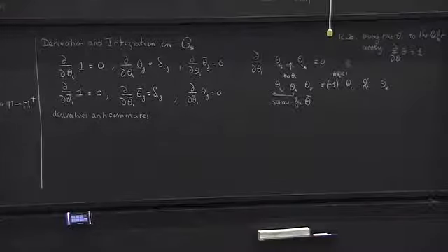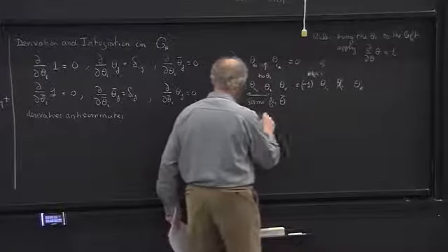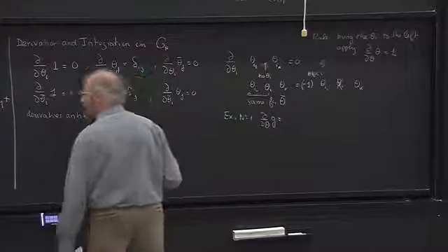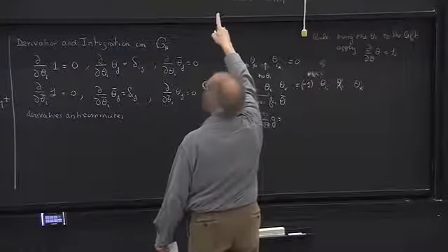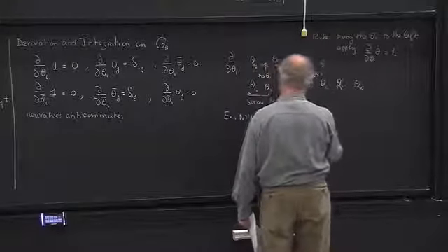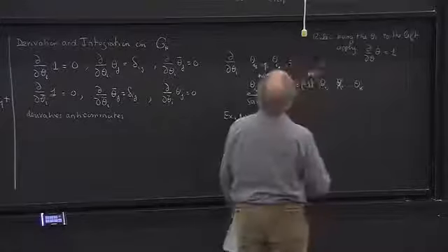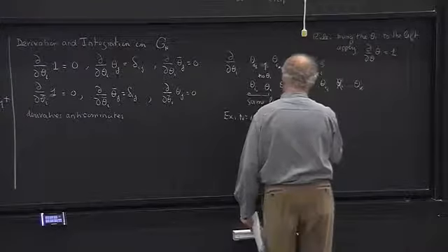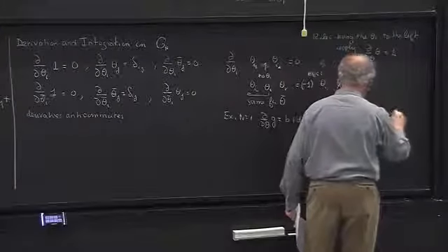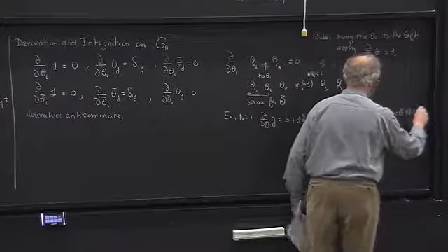Okay. So for instance, in this case, example n equal 1, if g is a plus b theta plus c theta bar plus d theta theta bar, d over d theta of g is b plus d theta bar.